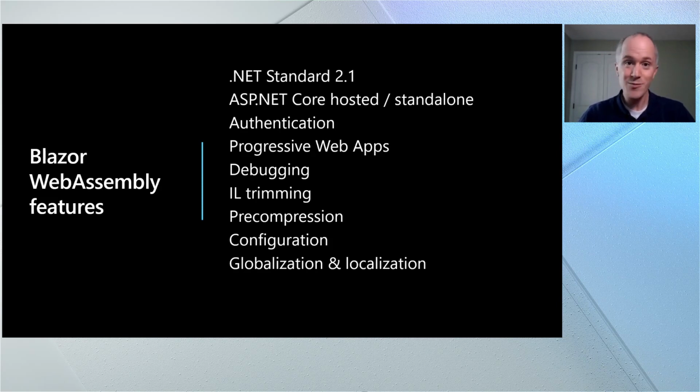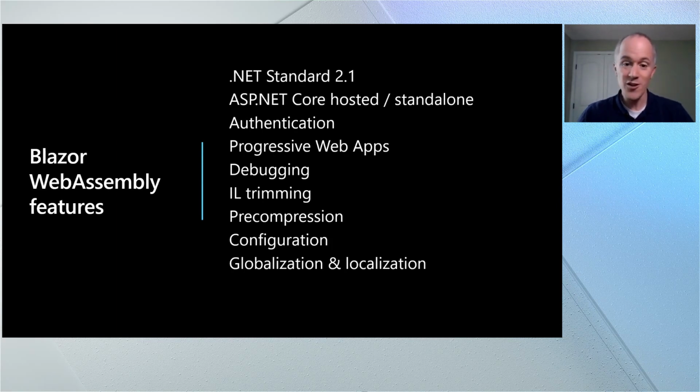You can debug your Blazor WebAssembly apps, both in the browser DevTools and directly from Visual Studio. When you publish your Blazor WebAssembly app, any unused code is automatically trimmed to dramatically reduce the download size of the app. We also aggressively pre-compress the published app to reduce its size even further.